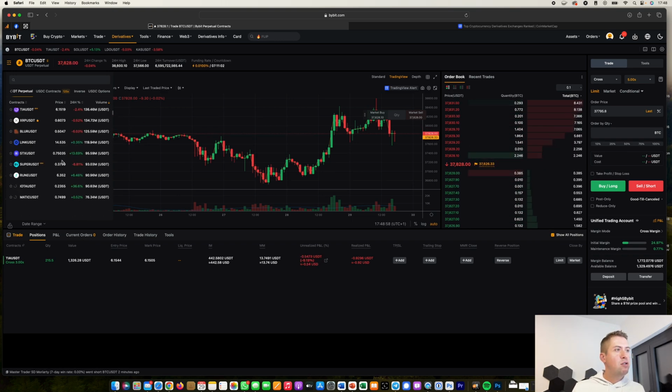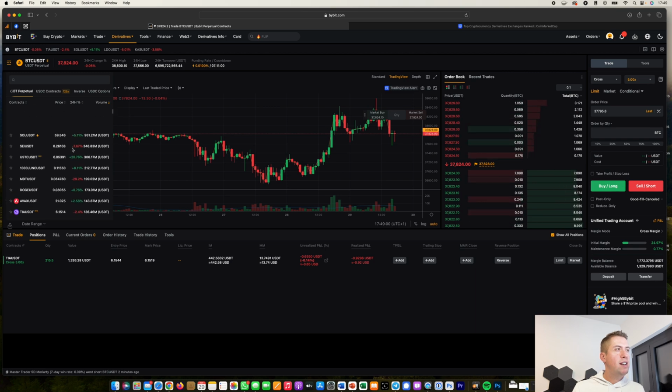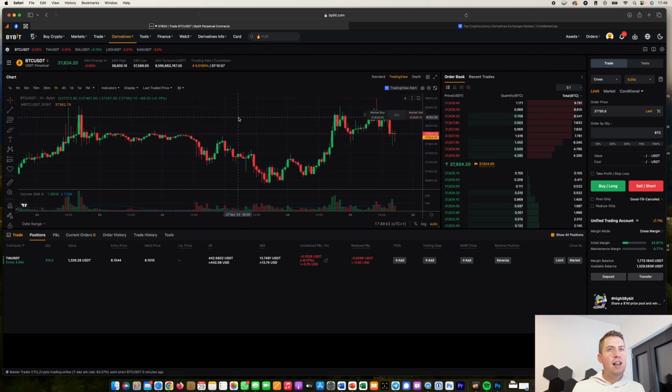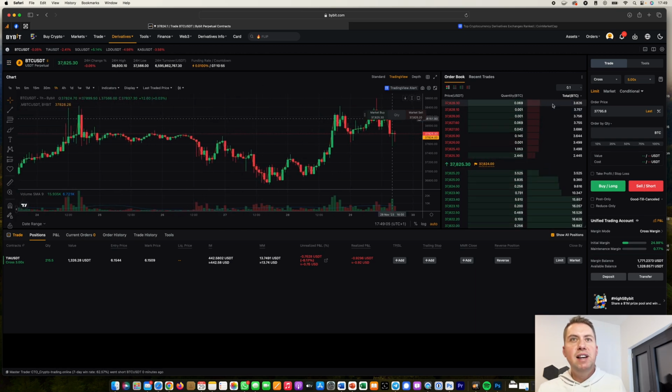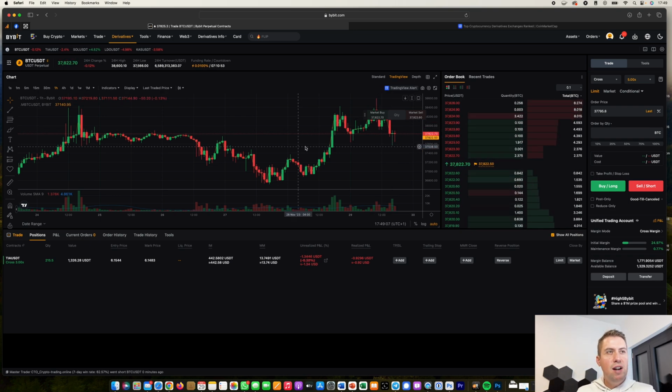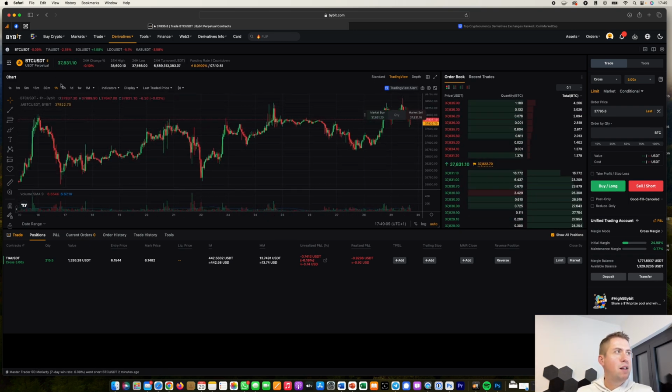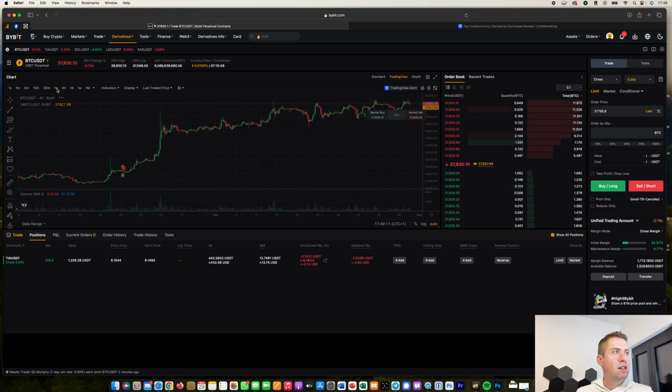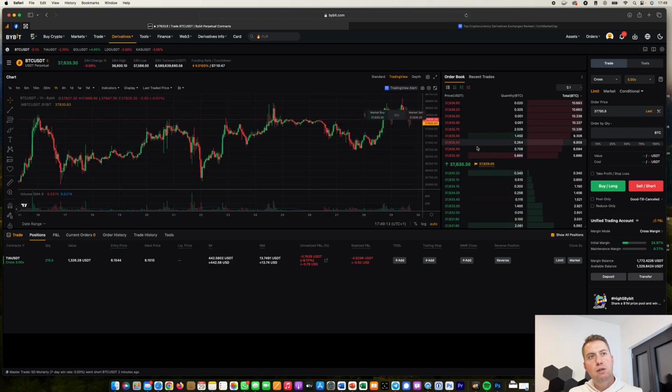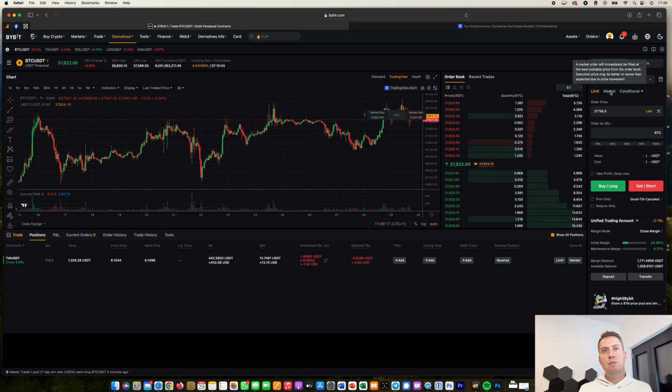And you can select your cryptocurrency here that you want to trade. Let's stick with Bitcoin again. And then the interface basically looks similar. You have the chart here with like 4 hours. You can change that. And the order book with sell orders, here the buy orders, and then the limit and the market orders.